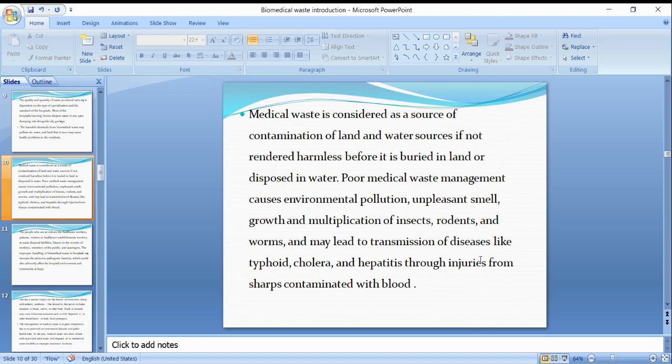If you throw outside the materials that are contaminated with sharps, those will spread diseases, just like typhoid and cholera. If they are thrown in an open dump yard, that will contaminate the land, and with the help of insects and rodents, they will spread these diseases like typhoid, cholera and hepatitis.